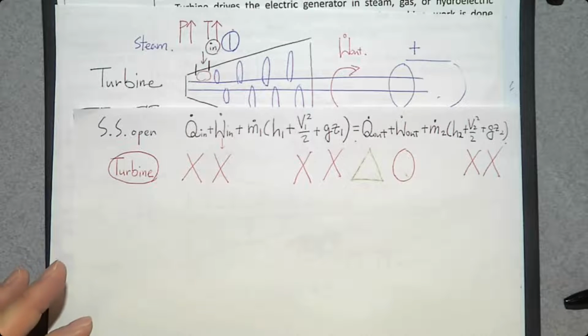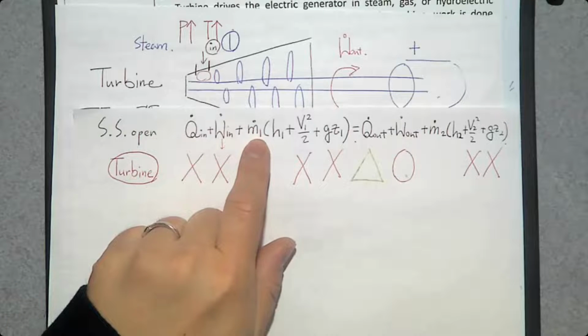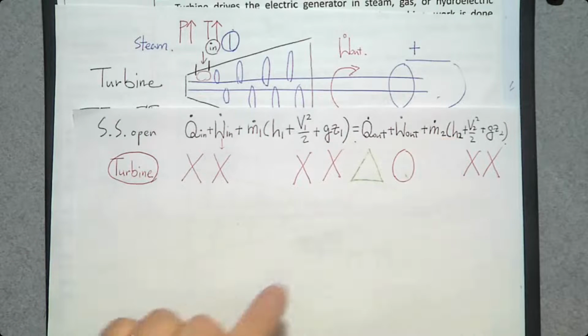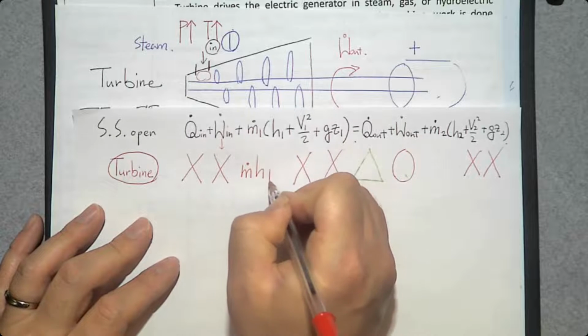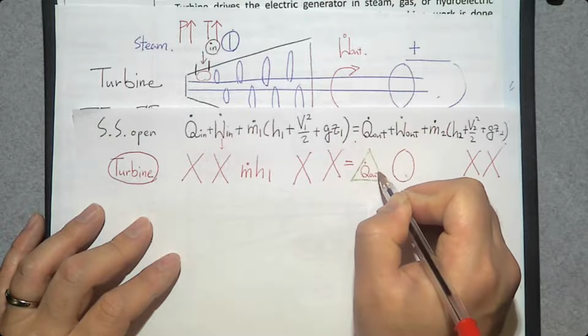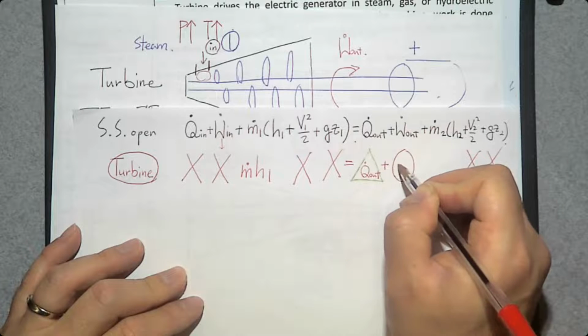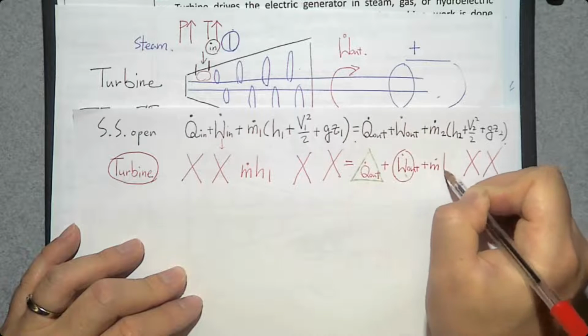So the energy balance equation for the turbine is going to be, oh, by the way, how many inlets, how many exits? There is only one inlet, one exit. What is the relation between the mass flow rate at the inlet and the mass flow rate at the exit? They're the same. So m dot number 1 is the same as m dot number 2, so it's just m dot. M dot H1 equals possibly Q dot out, this is case by case, plus W dot out plus m dot H2.